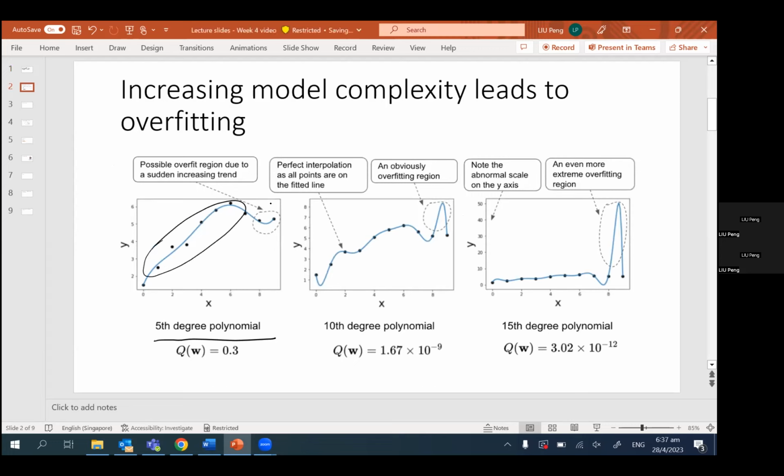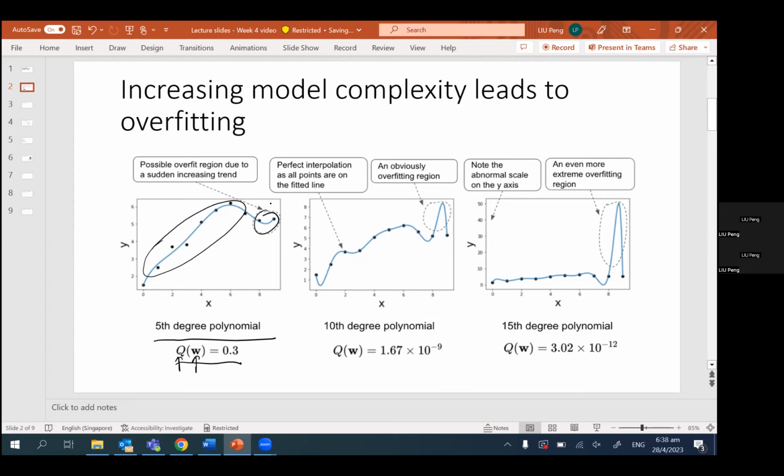However, this region seems to be a bit of an overfit. And this is the cost. Q represents the cost or the loss for the current weights, because the loss function itself is a function of the current weights.